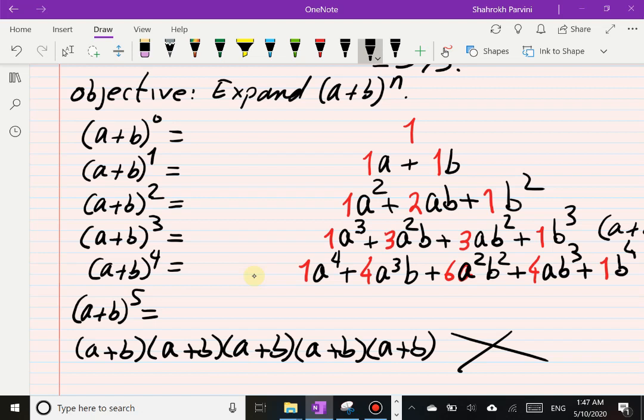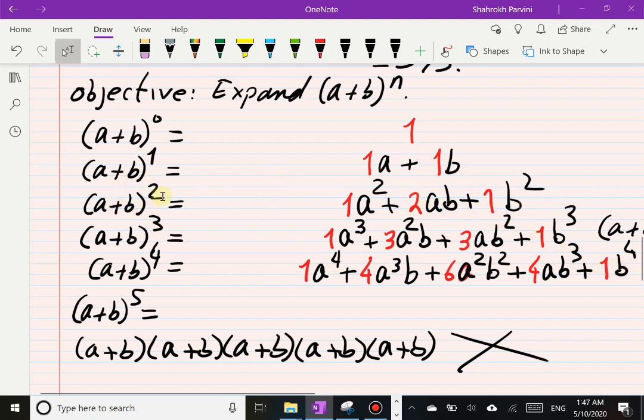Now, drawing the patterns that we see from what lies directly above a plus b to the 5th power. Let's take a look at a plus b to the 4th power. And in fact, if you look at the whole thing here, what I have so far, it looks like all the numbers in front, the first term, are 1. The number in front of the last term is going to be 1 also.